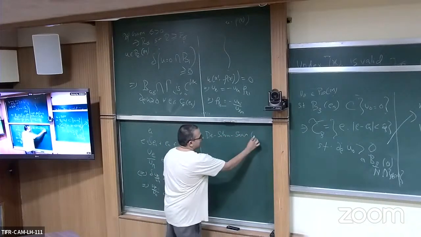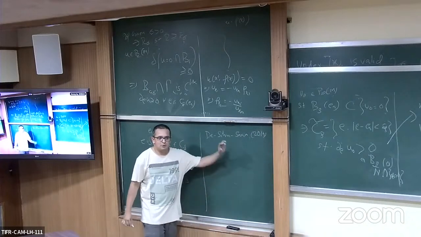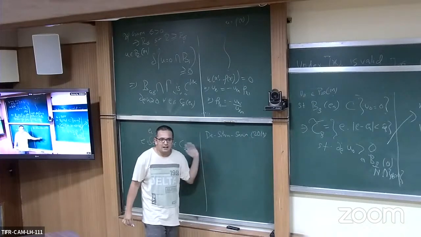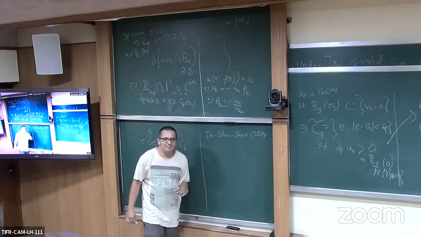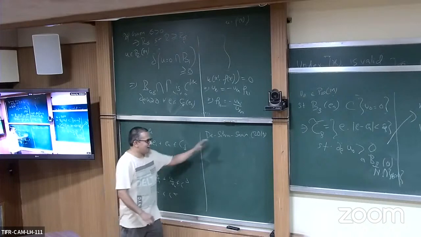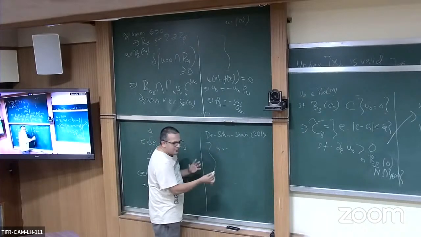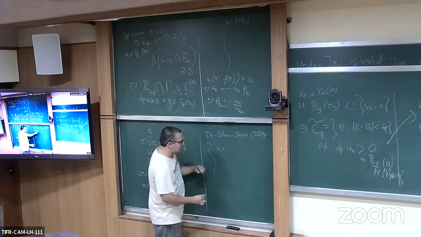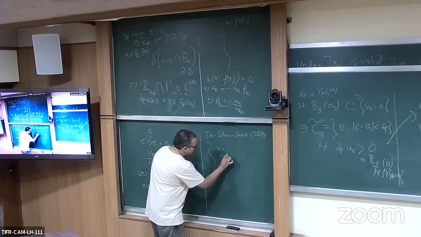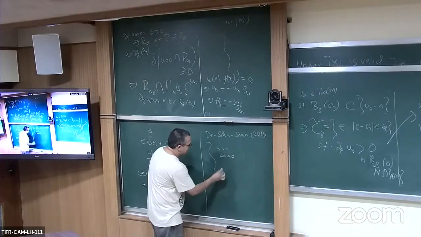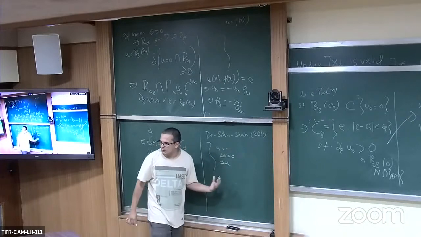A beautiful approach due to De Silva and Savin in 2014, based on higher order boundary Harnack. If you use the higher order boundary Harnack, it gives you C infinity in one flash, provided you don't go into the proof. So what does it say? It says that if u and v are two functions, you don't require one to be non-negative. So I'll just state it: Laplacian v equals 0 without any non-negativity, and Laplacian u equals 0 and u is non-negative, because once you have C^{1,alpha}, you have much better control over everything.